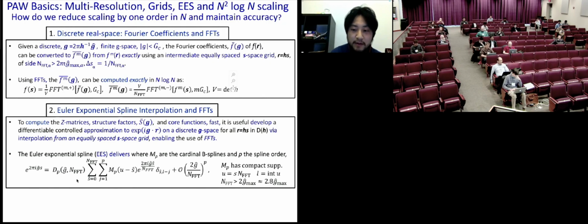And the good thing about this method is, as you can see, this M_P term has compact support. It only has P finite non-zero values, where P is the spline order. We choose 6 or 8 or 10, on each direction x, y, z. The error term is here, and we can control the error term by using an even denser FFT grid.